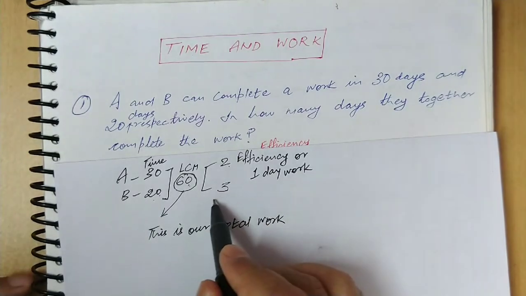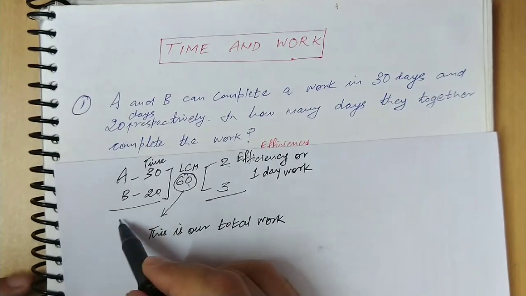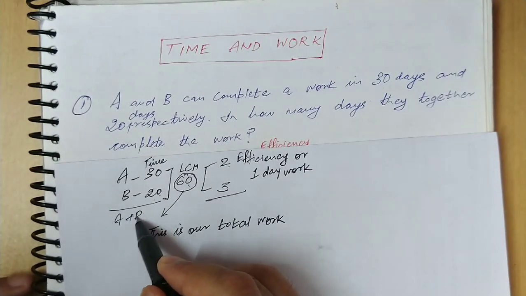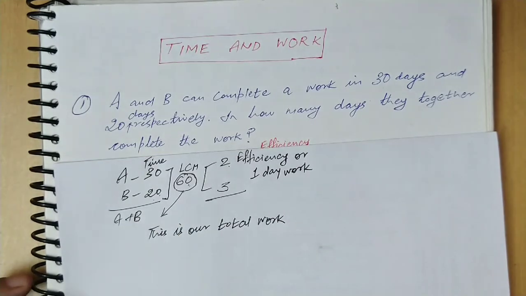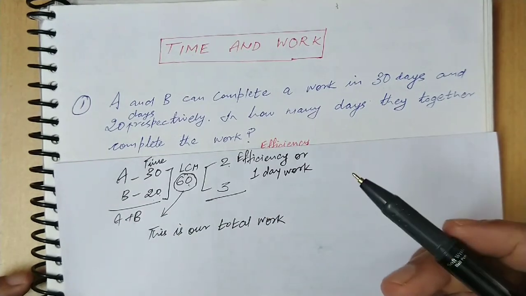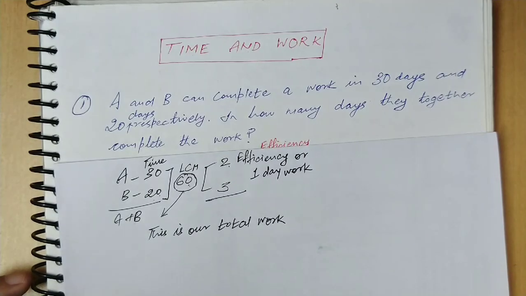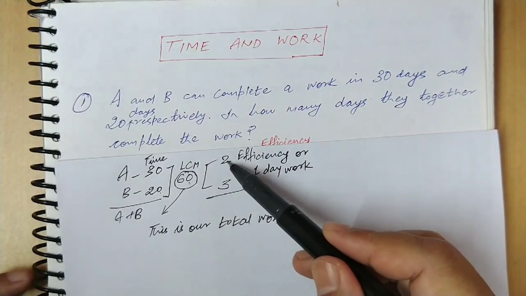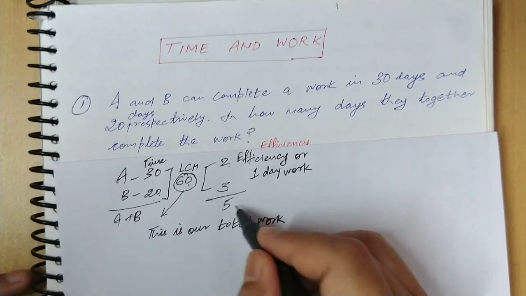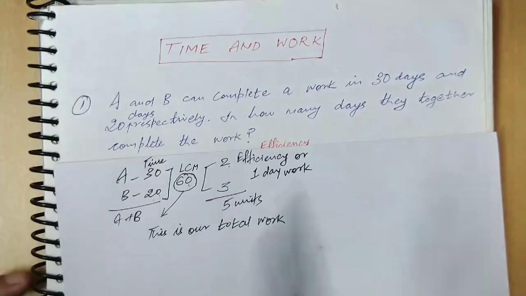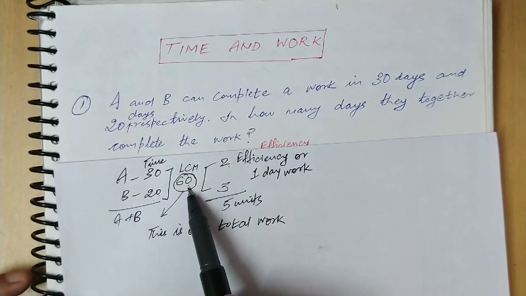All right, now if A and B, if they together work for a day, then how many units will be done? How much work will they complete? They will complete 2 plus 3, which is 5 units of work. Now our total work is 60.